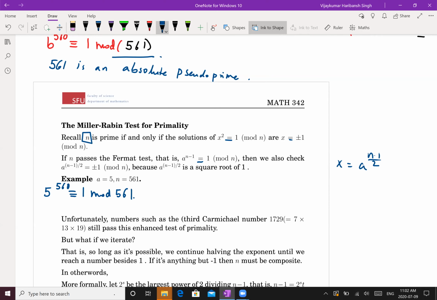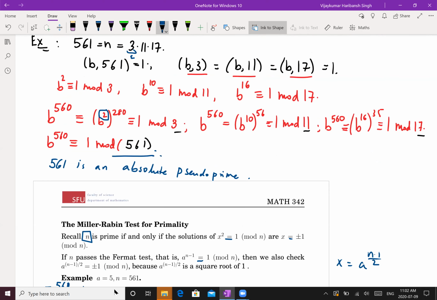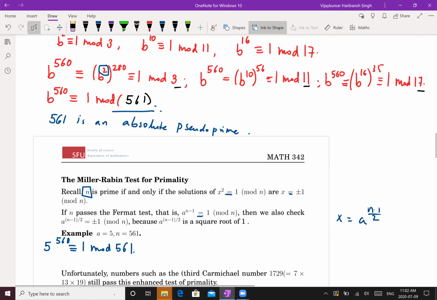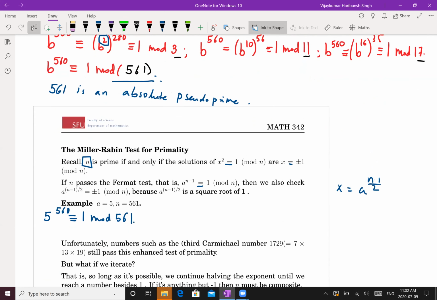Why is that? Because we proved 561 is a Carmichael number, so no matter what your base b is, as long as it is coprime with 561, which your 5 is, we'll get this. Now notice the following. We'll use x equals a to the power n minus 1 divided by 2.